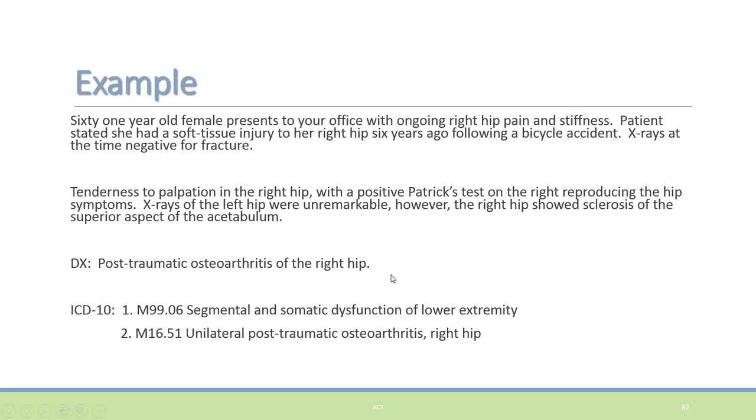So if we were to do, and I put in a subluxation or segmental chiropractic, M99.06, and then there is actually an M16.51, unilateral post-traumatic osteoarthritis of the right hip.